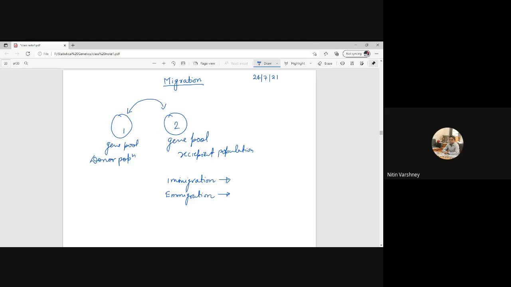The frequency of genes moving out from the population is known as emigration. And what is immigration? This is moving into the population.